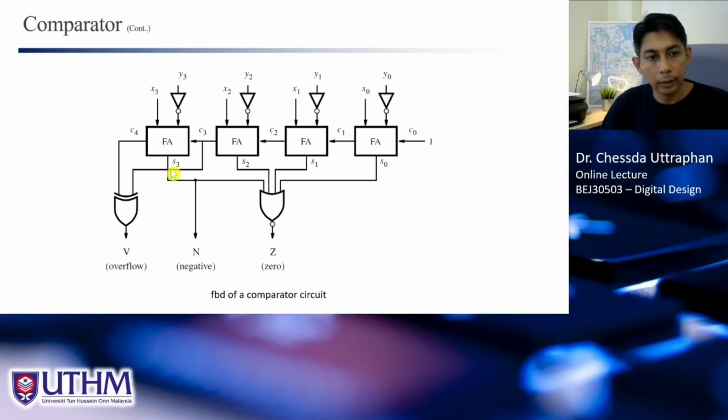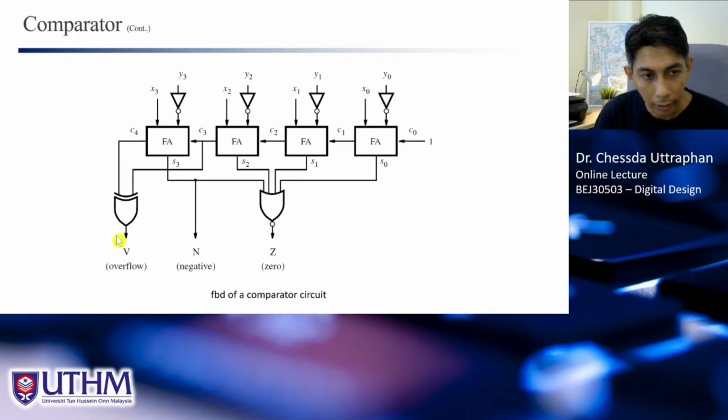So S will be the subtraction, the output from x minus y. And to check for the overflow is easy. We know already from the previous example. We can have C4 and C3 go to the XOR gate and we get overflow.